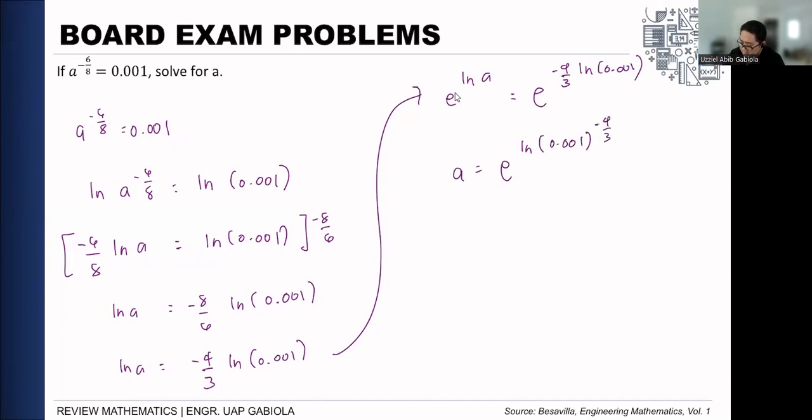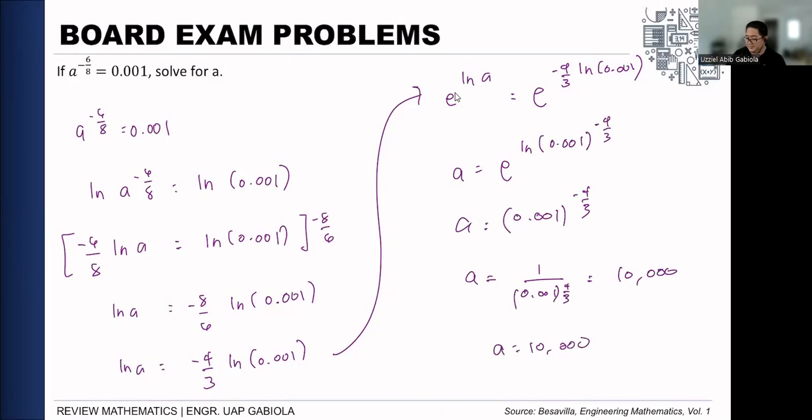Okay? So A is equals to 0.001^(negative 4/3). Then pag pinindot mo sa calc yung negative 4/3, so this will be 1 over 0.001^(4/3). So pag kinalc that will be equals to 10,000. Okay? So yung value of A is equals to 10,000. So this will be our solution for this one.